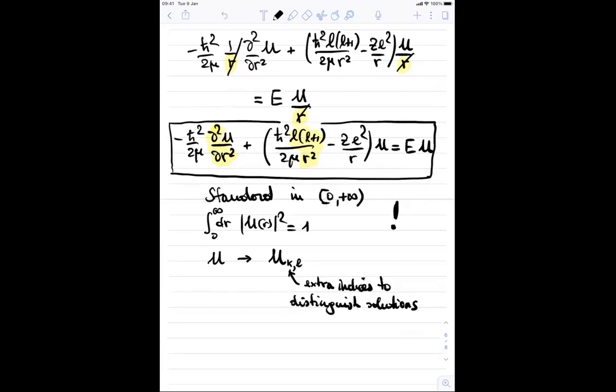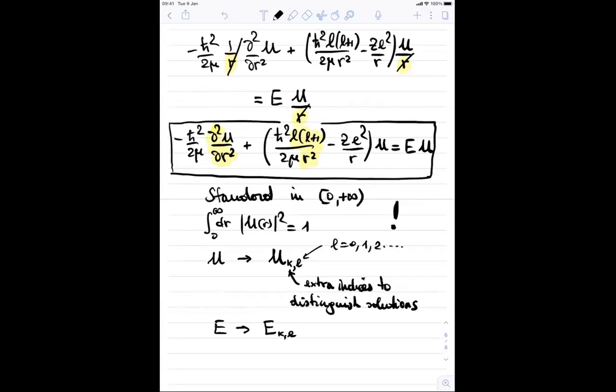The important thing is that L is the angular momentum, okay? So L could be 0, 1, 2, or whatever. Obviously, where you see E, you should think of E with K and L, right? Okay, that's it. We have now arrived at a standard problem in 1D.